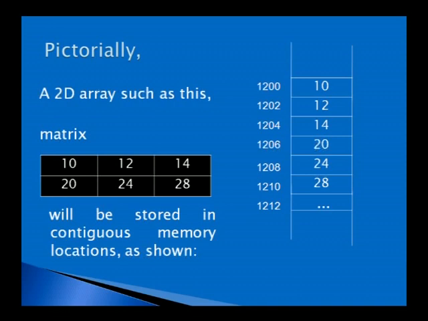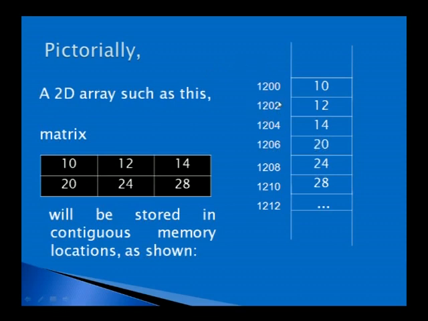Since it is a contiguous memory allocation, suppose the first element, that is matrix[0][0], is allocated in a memory location, say 1200 for example. Then the next element, that is the 12, would be allocated at location 1202.